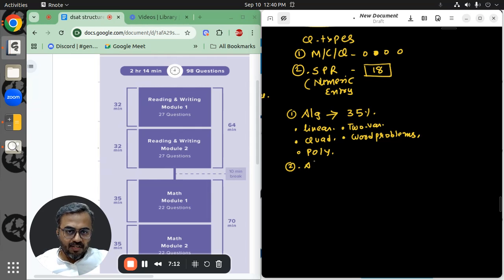Second is advanced math. The weightage is 35%.